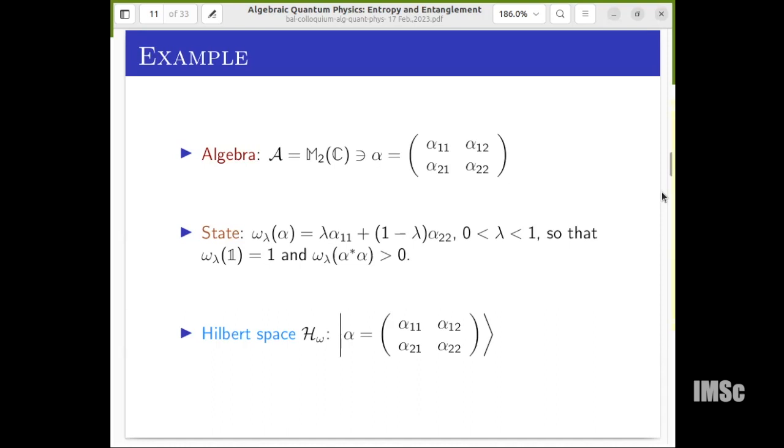For example, for S3, you can easily check that the order is 6, no? So I think there are two one-dimensional representations and one two-dimensional representation.